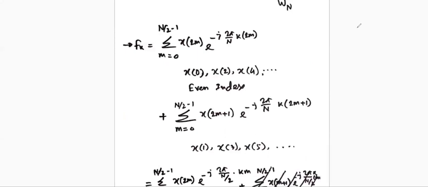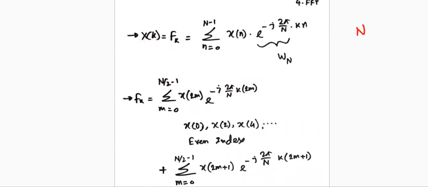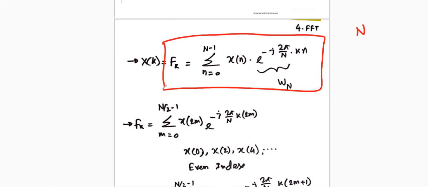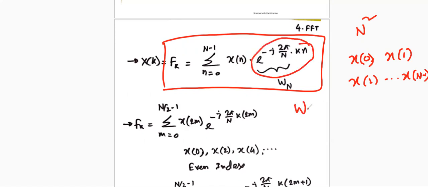First of all, if we have N samples, and if you look at this equation, just concentrate on this equation, how many multiplications do you need? You need basically N squared multiplications, because you have x0, x1, x2, and up to x capital N minus 1. So how many samples do you have? You have N samples. For the N samples, you need to multiply N number of Wn, isn't it?